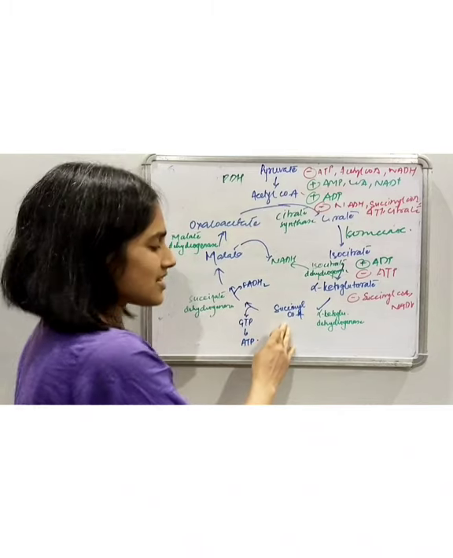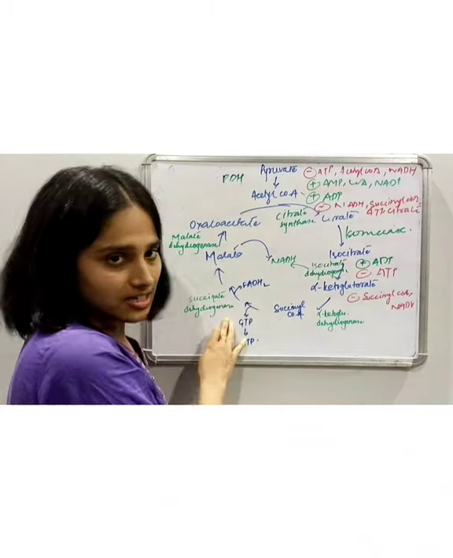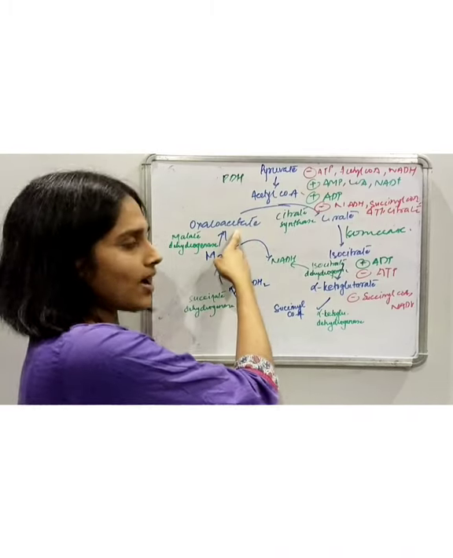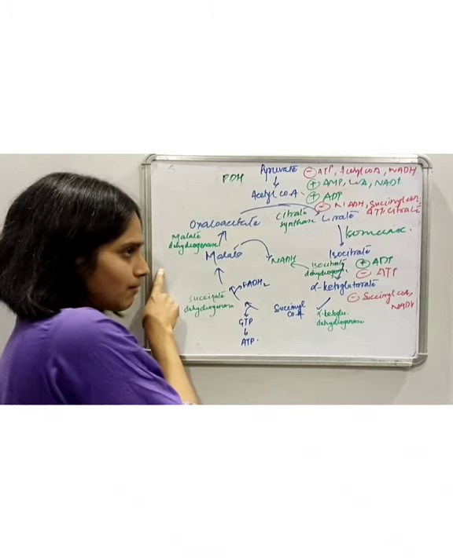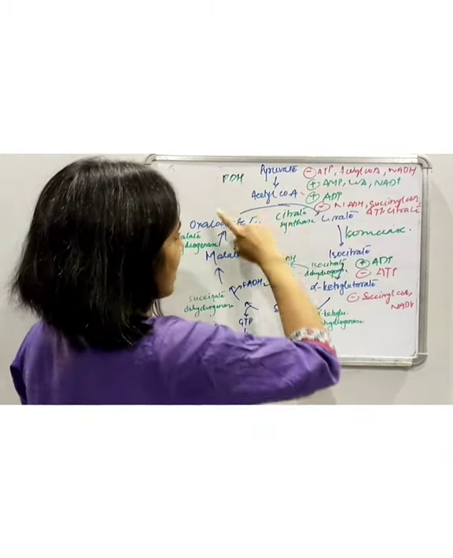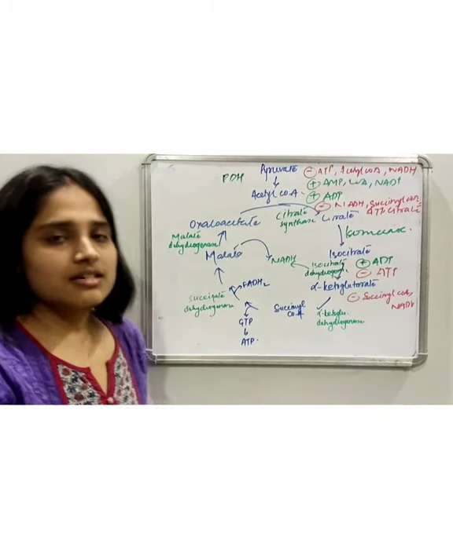The conversion is catalyzed by the enzyme succinate dehydrogenase. Now this malate is converted into oxaloacetate, catalyzed by the enzyme malate dehydrogenase, and then this oxaloacetate enters the next round of the cycle.